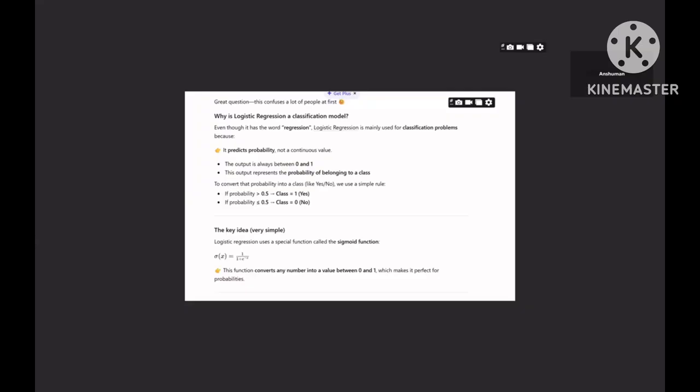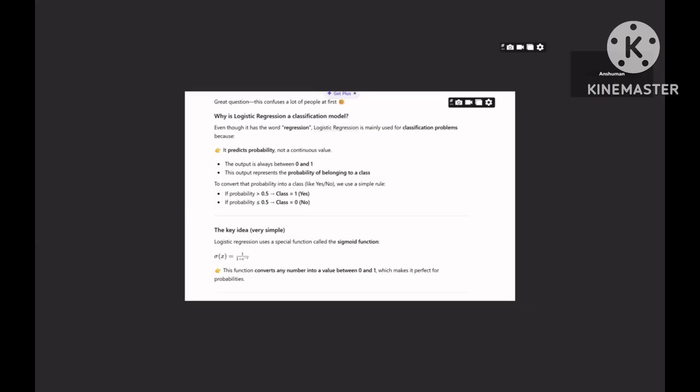Now see here, 0.5 is within 0 and 1. And what we are saying is, if it is more than 0.5, then you say it is 1. If it is less than or equal to 0.5, then you say 0. How will it be calculated? Very simple.